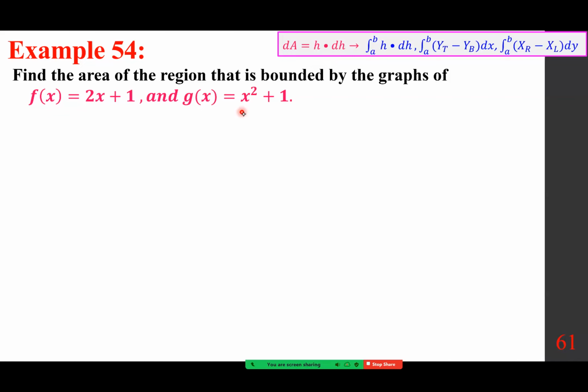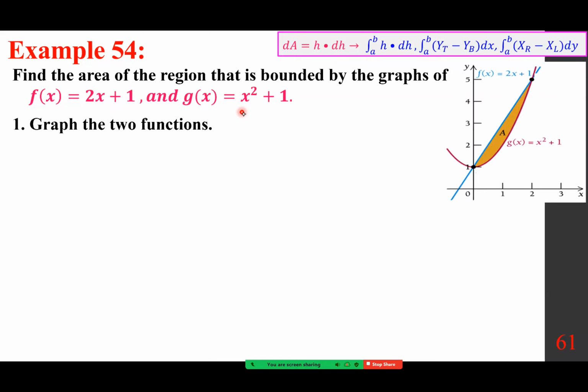So first, we're going to graph this. I'm going to assume nobody has any problem with graphing the two functions. So this is a line, and this is just x squared up by 1 unit. So it's a very simple case. You need to find the points of intersection, and not necessarily from the graph. You really have to work it out.